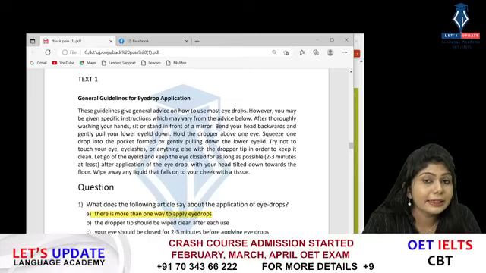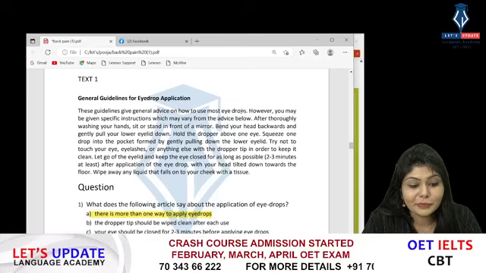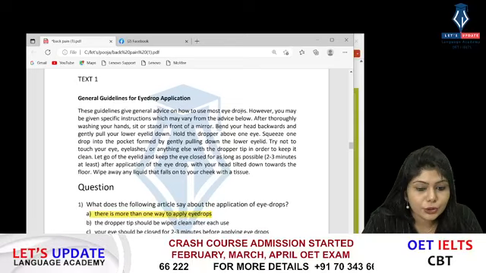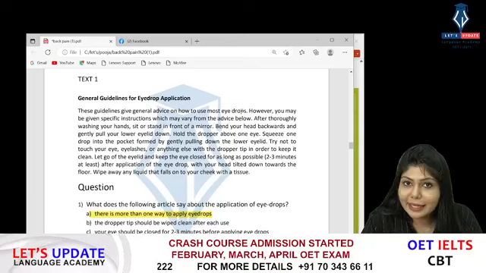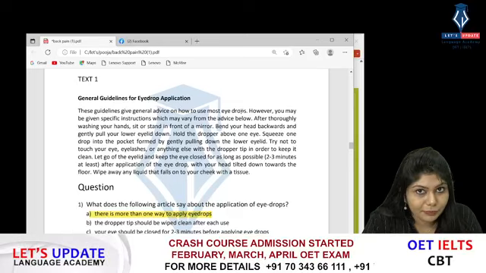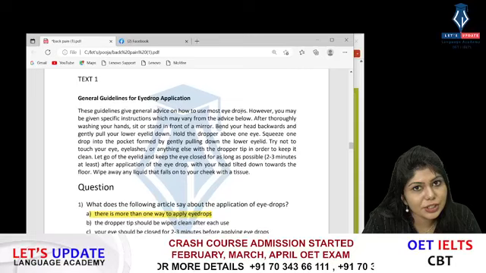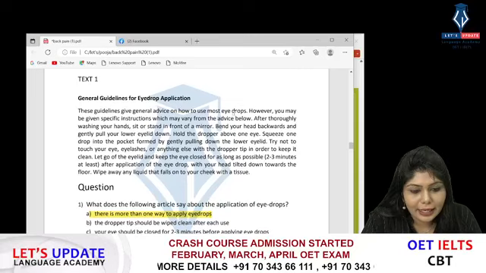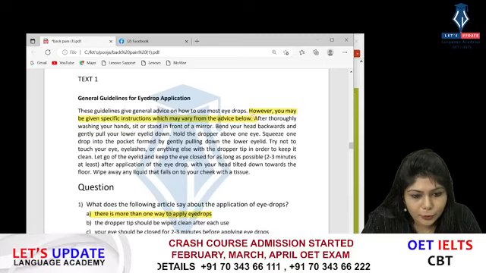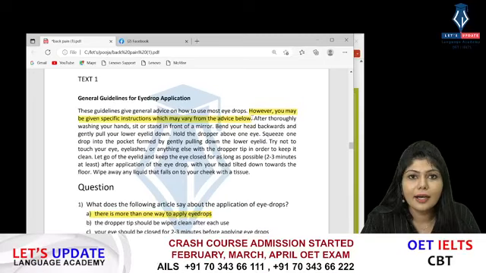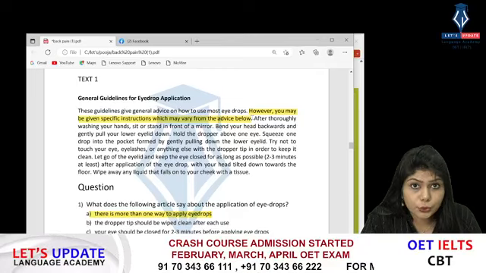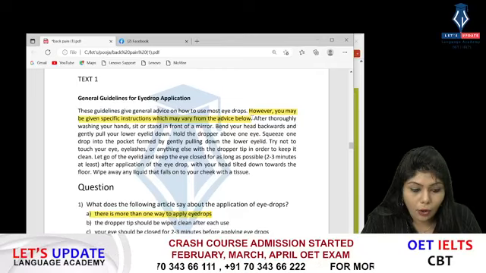That means there is some other kind of approach, some other way also to apply eye drops, not just the instruction mentioned here. There is another set of instructions which may be given to you, and which may vary. So I am selecting that portion. That is the sentence which will let you come to this answer, which is option A.